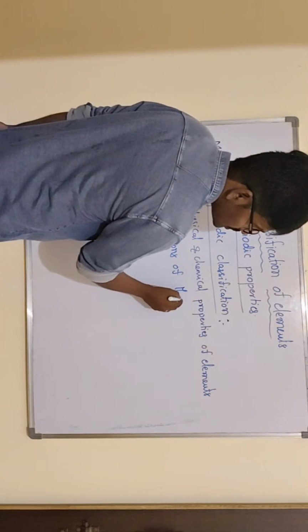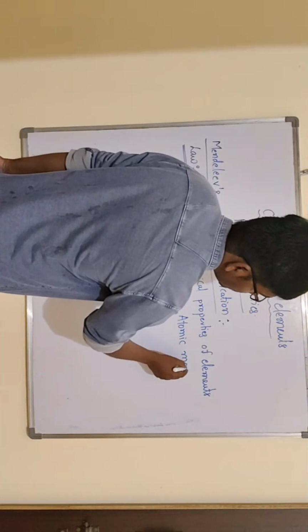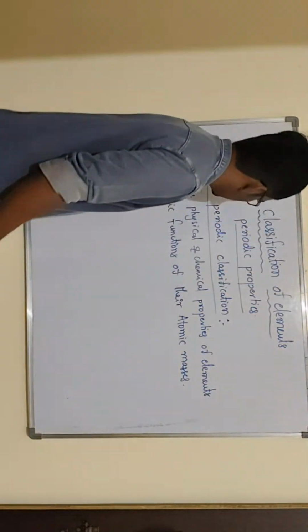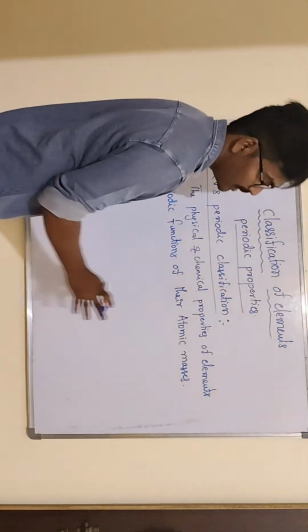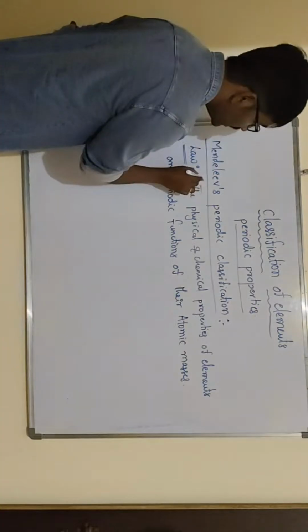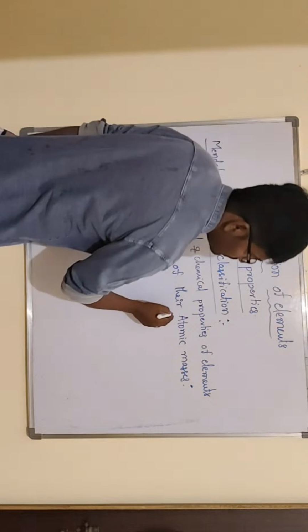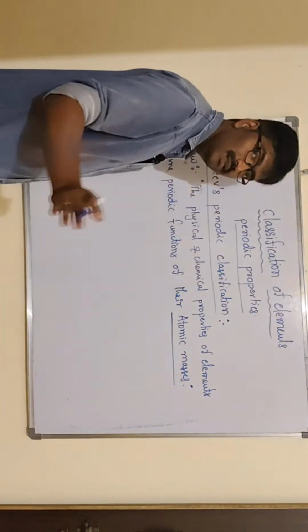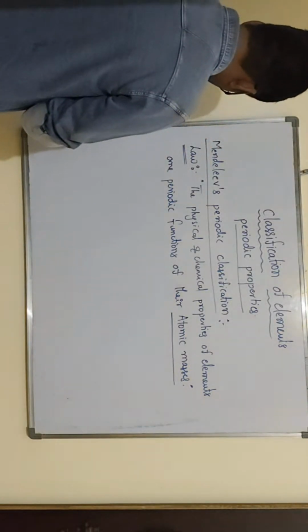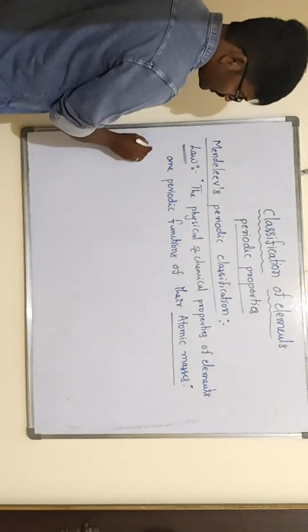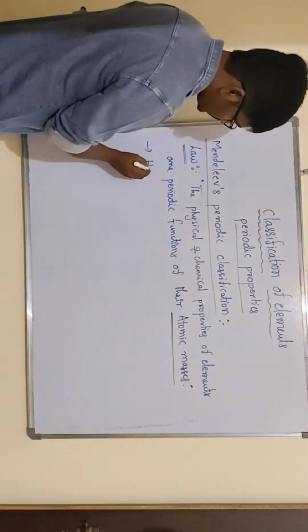The physical and chemical properties of the elements are periodic functions of their atomic masses. This is Mendeleev's periodic law. So based on the atomic masses, these are arranged. Remember.